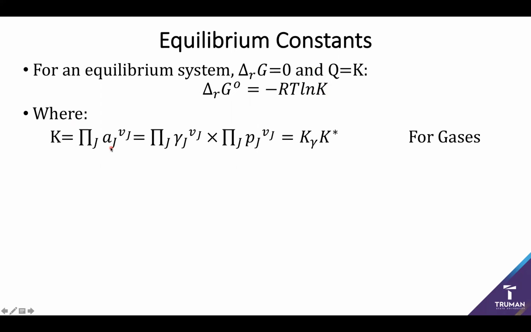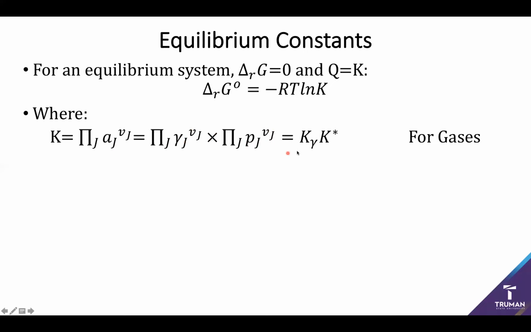Now, one of the things to make note of is that how we express activities does change with the nature of the species we're examining. So for example, for gases, I can split up my activities into my activity coefficients, again, our fugacity coefficients, and our partial pressures of each species, still raised to the stoichiometric coefficient.